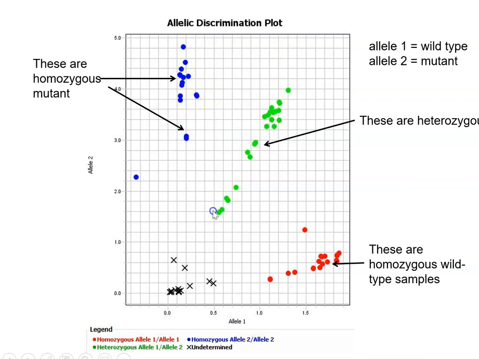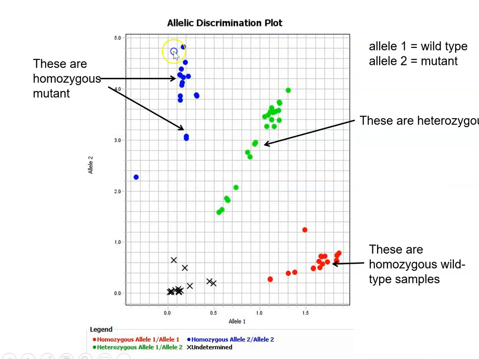And then any samples which are heterozygous run equally, there's equal amplification for allele 1 and allele 2, and we get these clustering as a line on this grid down here. Some samples amplify better than others, but allele 1 and allele 2 are roughly the same, therefore all the samples cluster as a line down there.